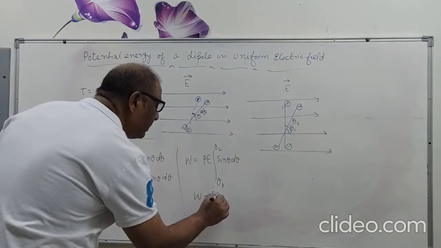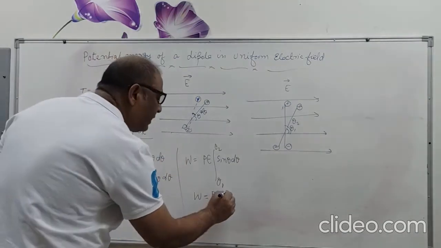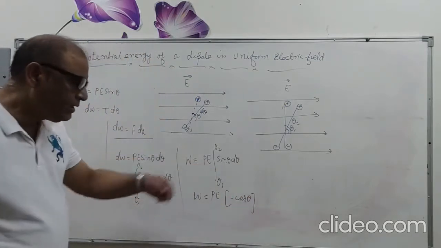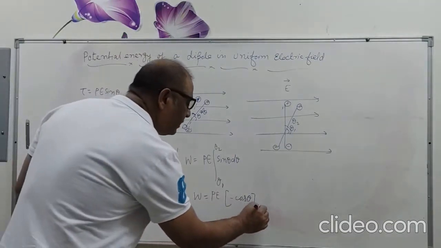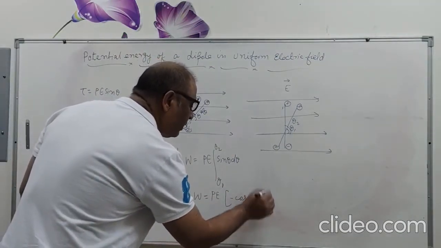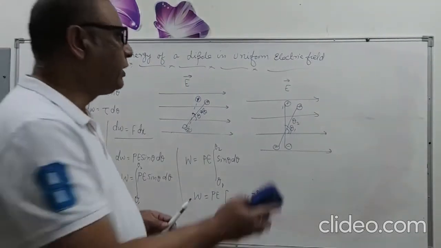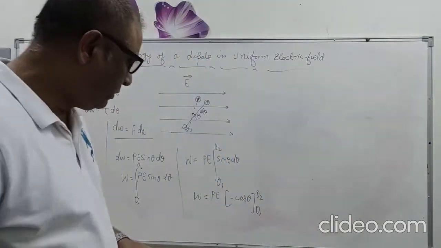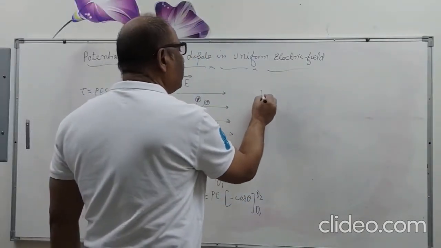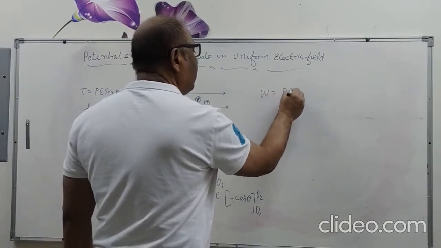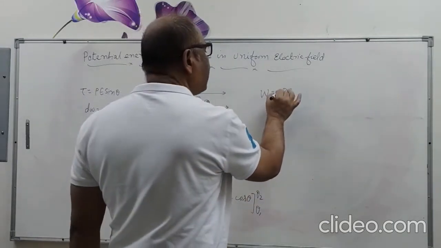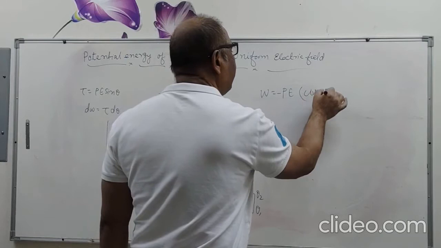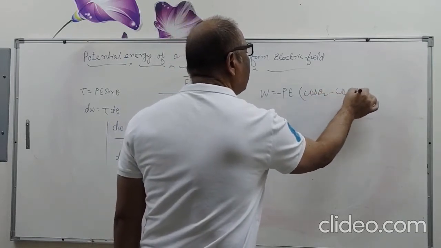Then work is equal to PE times the integral of sin theta, which is minus cos theta, with limits theta 1 to theta 2. Now work equals minus PE, taking the minus sign outside, times the bracket cos theta 2 at the upper limit minus cos theta 1 at the lower limit.